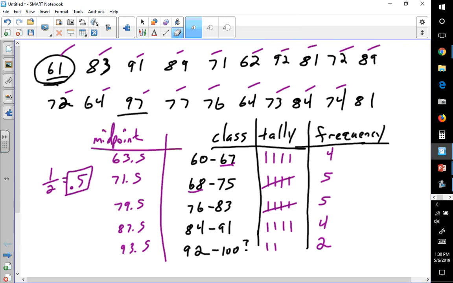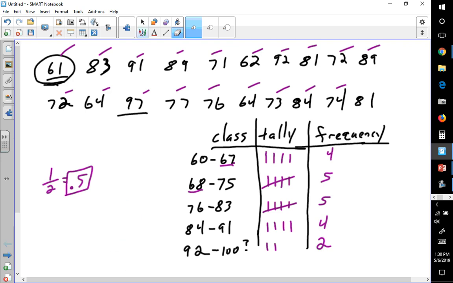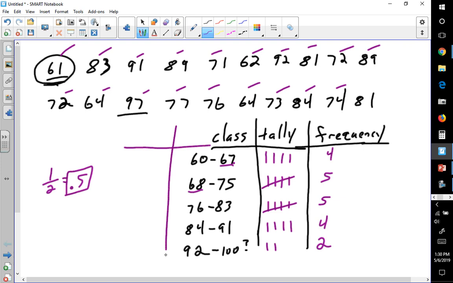So to make the boundaries, let's just put them here. For the bottom class, we will add a half a unit to the upper limit. And technically, we're supposed to take a half from the lower unit. So that would go down to 59.5.